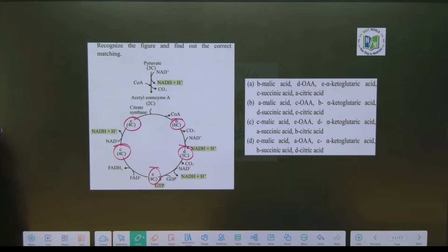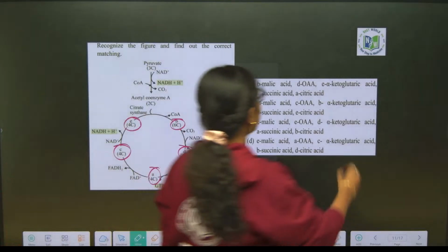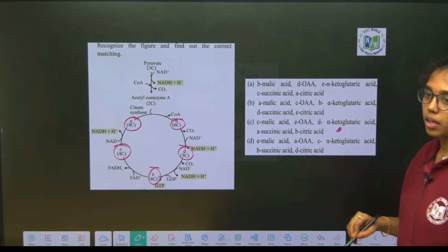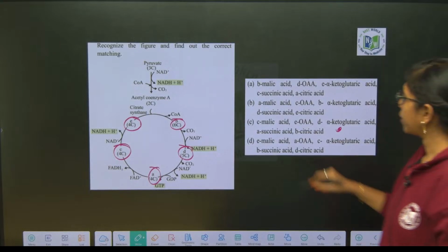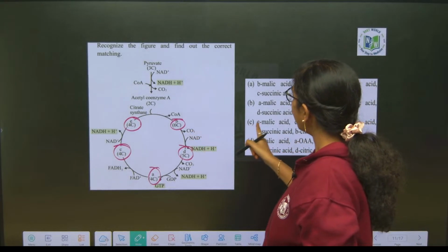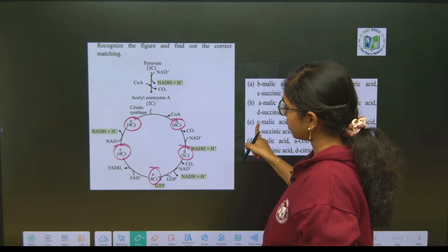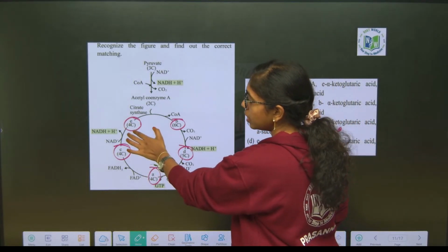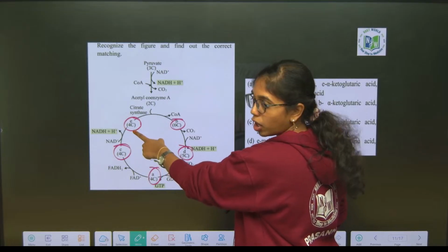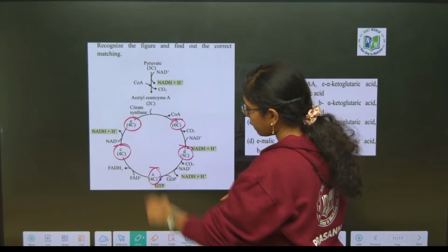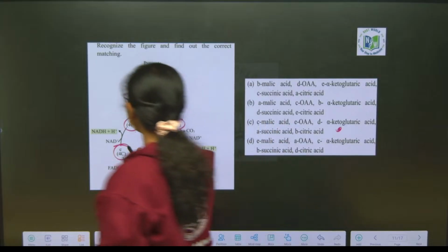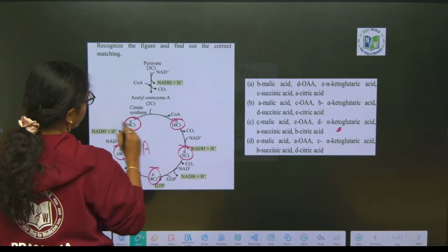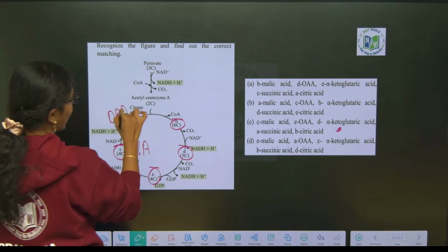Identify and say. Both online and offline can answer. Options. Option C you are saying. Okay. Raghav, what's your option? So look here. C is what? Malic acid, which is synthesizing oxaloacetic acid.